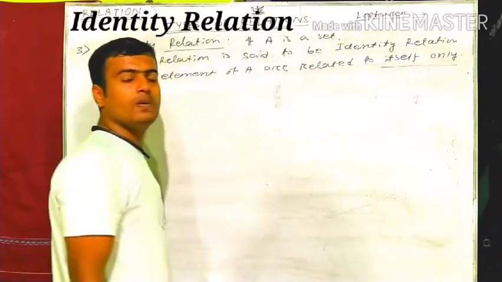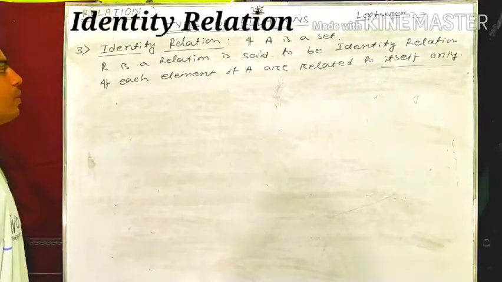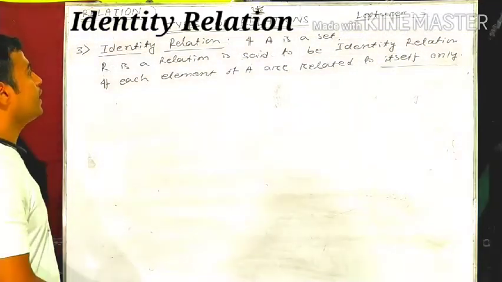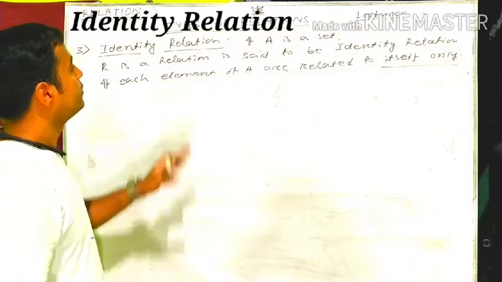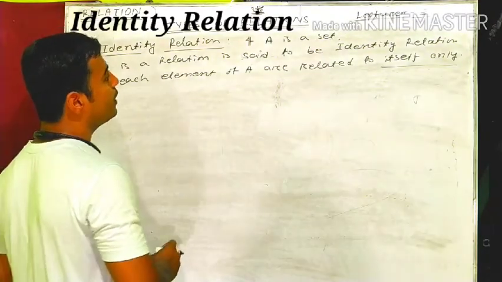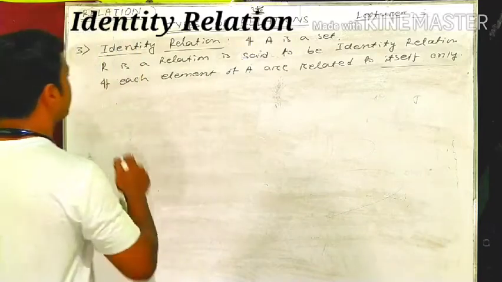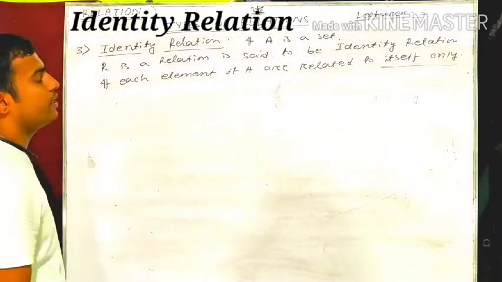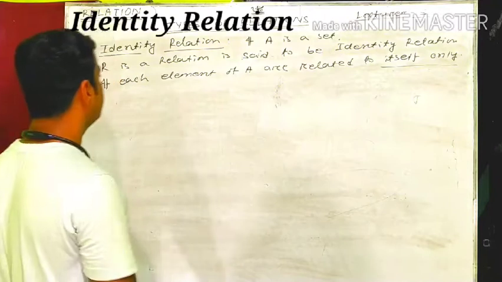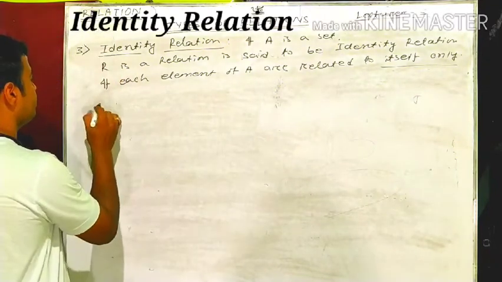So "itself only" is the important point. If R is a relation, it is said to be identity relation if each element of A is related to itself only.